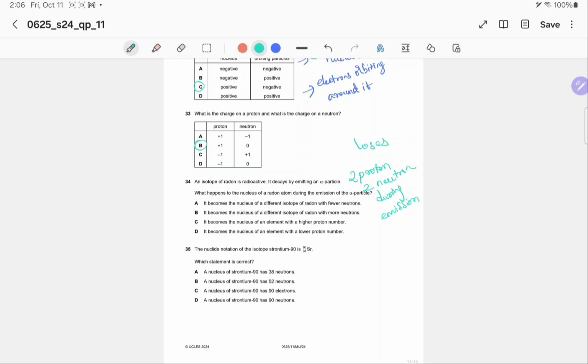So it is not a different isotope, and it does not become a nucleus of a higher proton number. The proton number gets reduced, so lower proton number, so it is D.